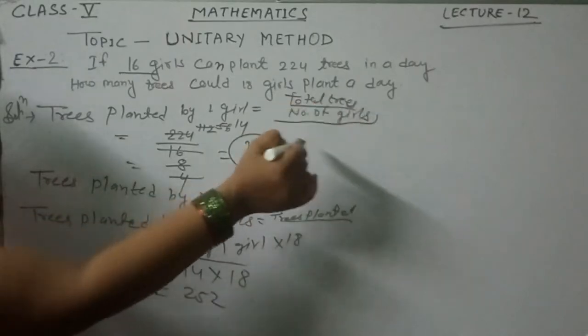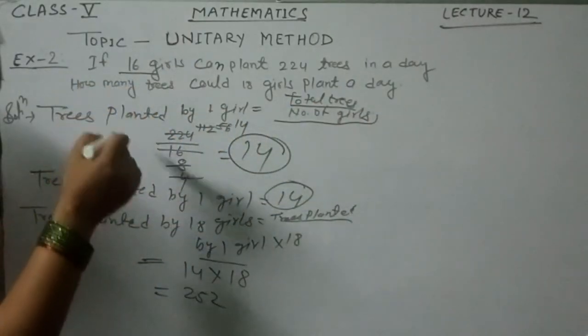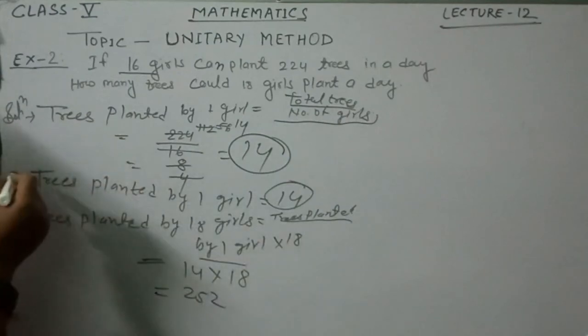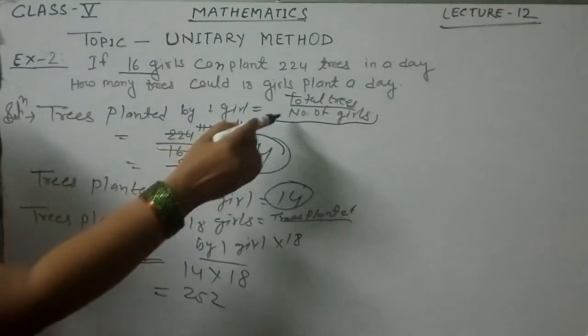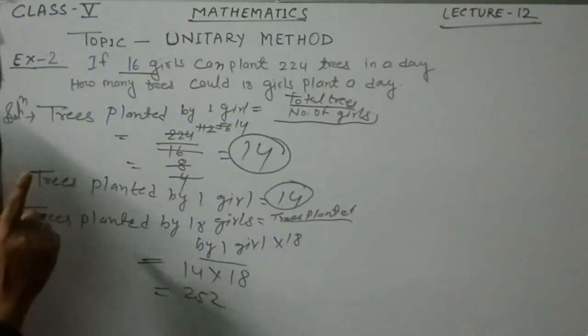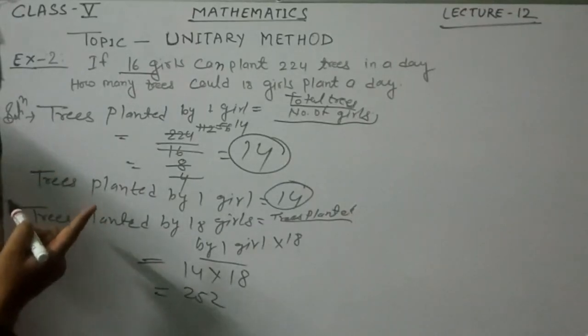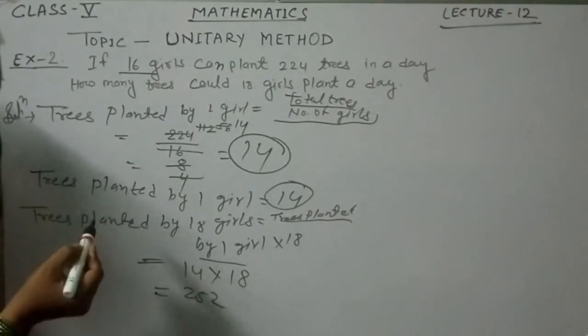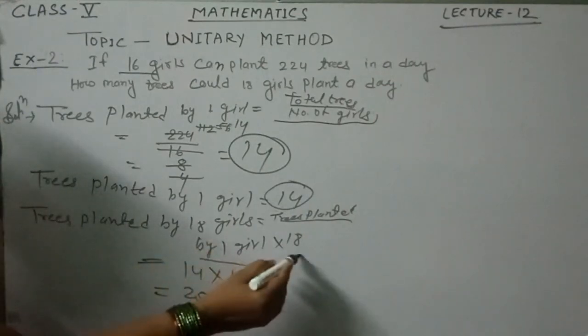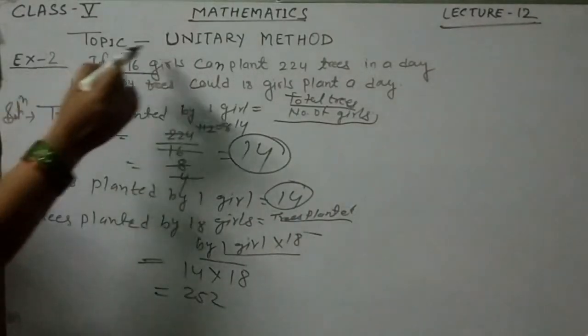By dividing the total number, total trees that is given, by the numbers. So this method, the unitary method, is finding the value of an article by division. And after finding the value of each article, we have to find the cost of more articles by multiplying. By multiplying, we find the value of more articles. That is called the unitary method.